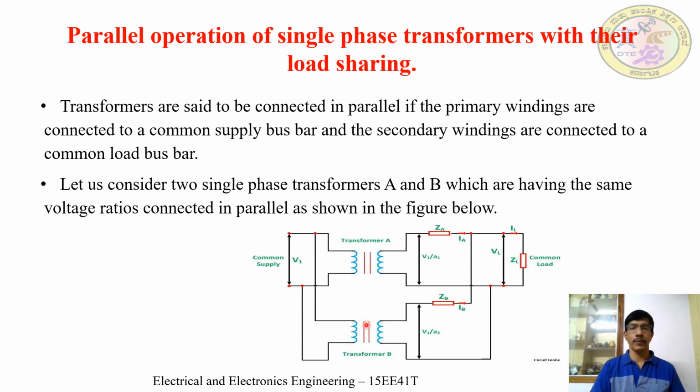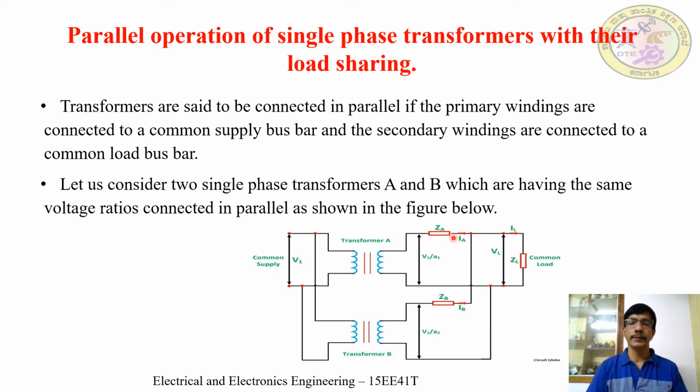Transformer A, transformer B, primary winding, core, secondary winding connected to the common supply V1 primary side. Similarly, secondary side connected to the load, common load, same load connected to this transformer A and transformer B also.